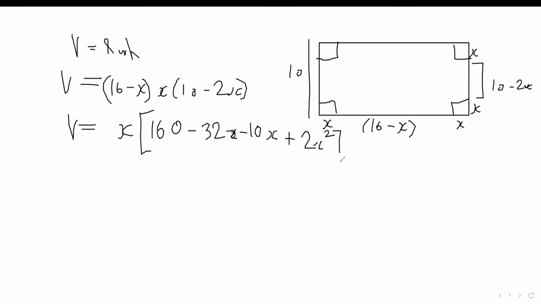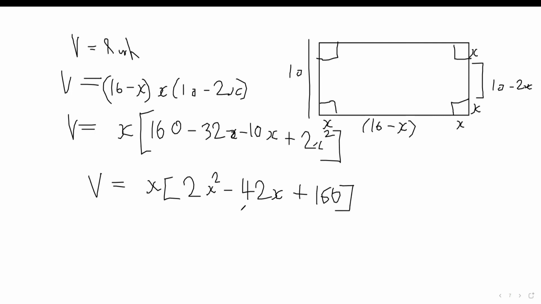Let's simplify this now. Simplifying inside the bracket, I get that the volume is x times, in brackets, 2x squared, minus 42x, plus 160. Yeah, so this is what I get for the volume.